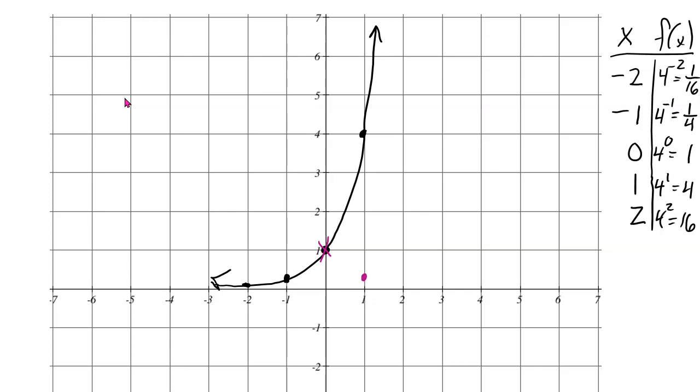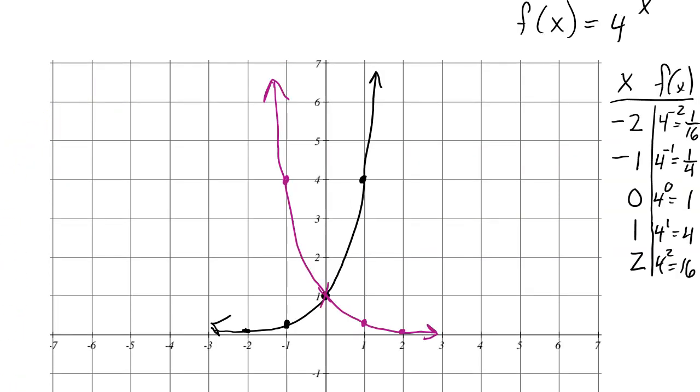And this value at negative 2, 1/16, will be at positive 2, 1/16. The value at 1/4 will now be at negative 1/4. And this is enough to draw what it looks like as we reflect the shape across the y-axis. It is hard to get it to come low enough, fast enough without crossing the line. So take your time and make sure that you have a good graph.